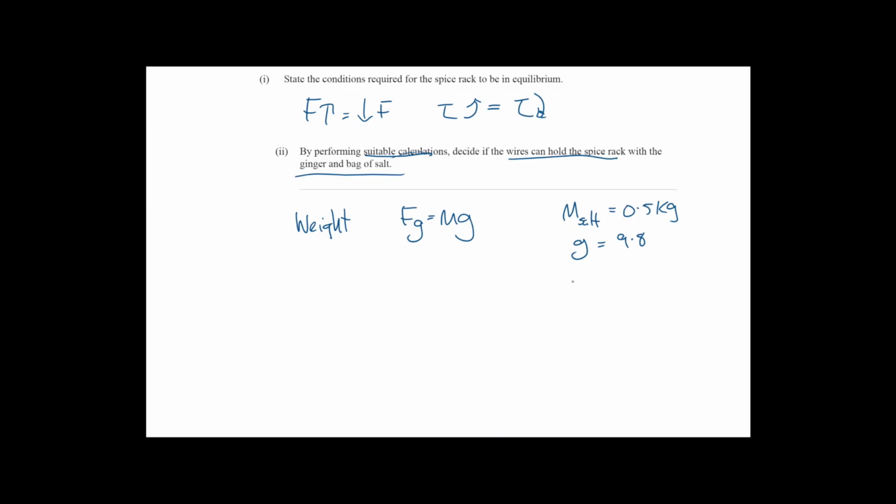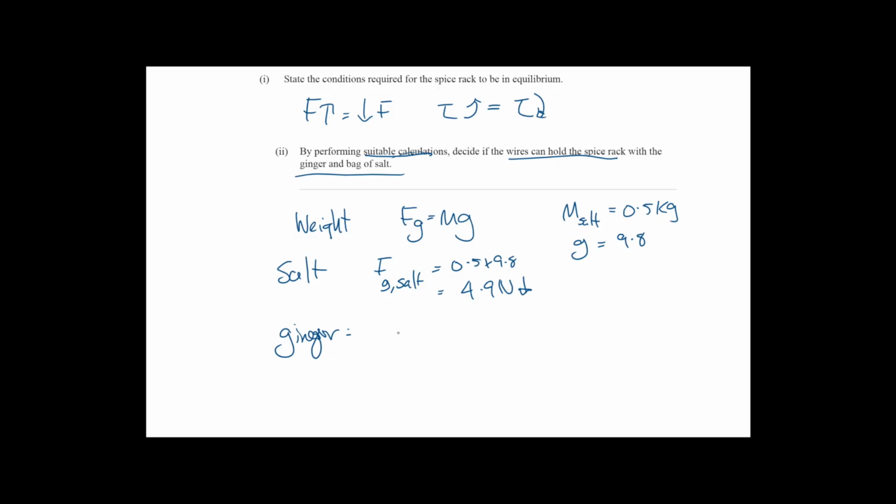So therefore the force of gravity of the salt is going to be 0.5 times 9.8, which is going to be 4.9 newtons that way. So this is the salt. Now we want the other one, the ginger.